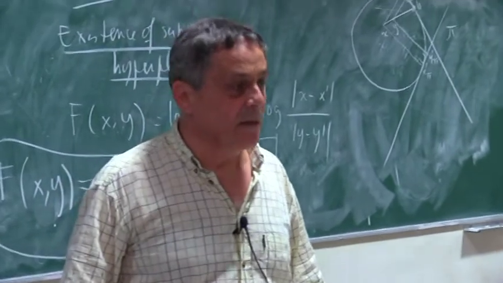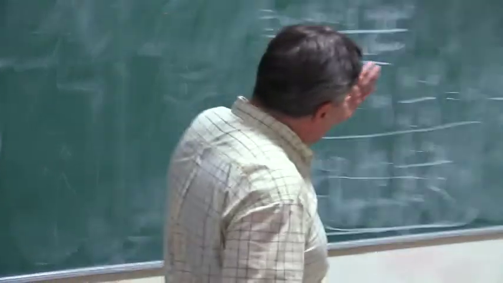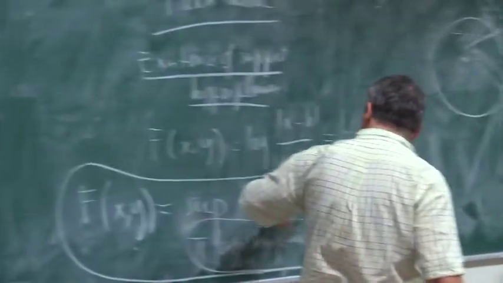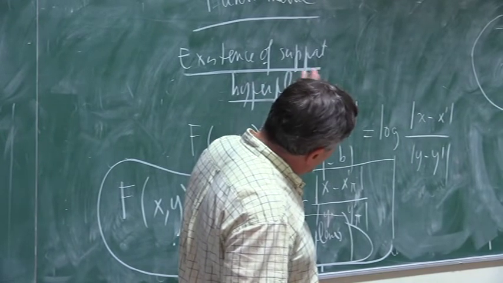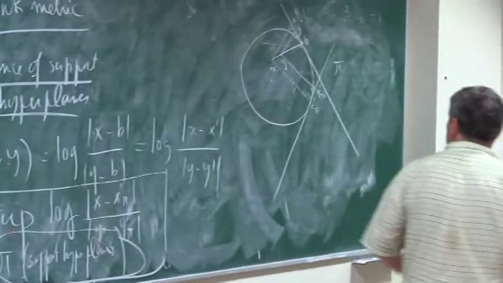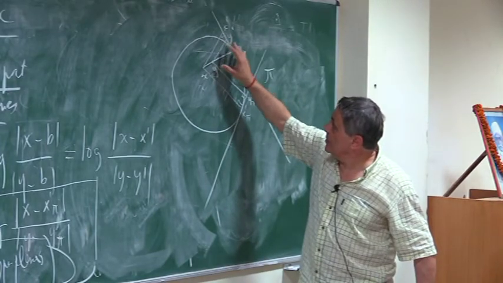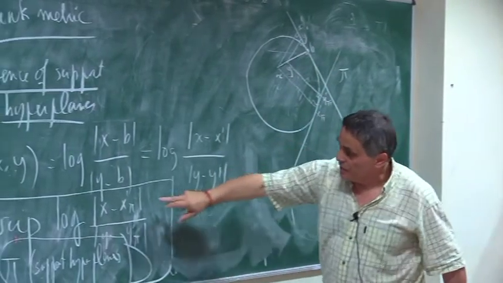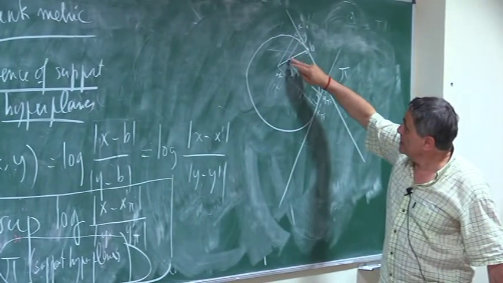Now, my next remark is that when you have such a formula, we want to do the same thing in spherical and in hyperbolic space, and I'm using these ratios.